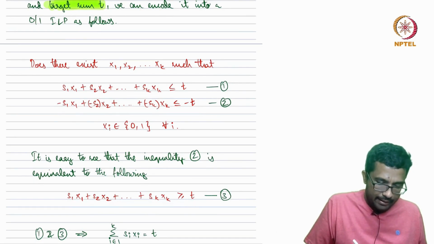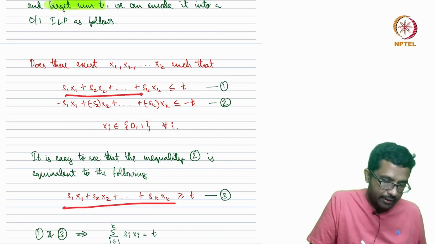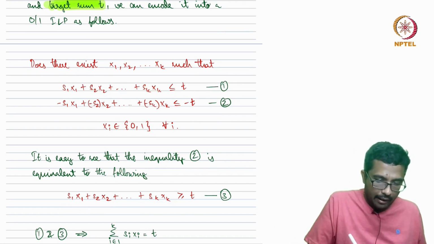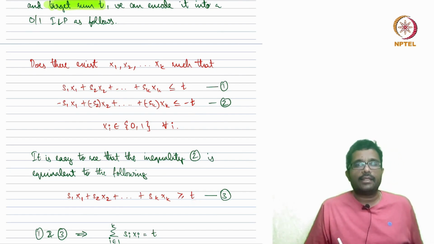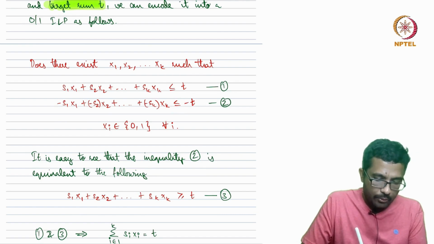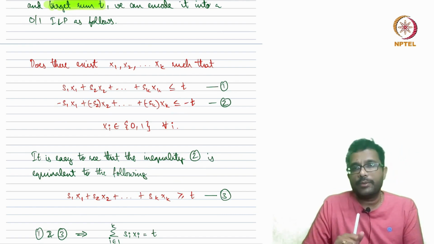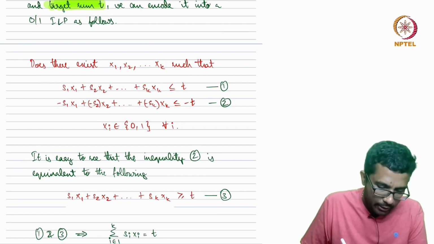So the LHS is s1 x1 plus s2 x2 up to sk xk, which is the same as the LHS of this, and the RHS from minus t becomes t. We multiply the LHS and the RHS, but the inequality flips. When you multiply by minus 1, the inequality flips to greater than or equal to. So now we have 3, which is equivalent to 2.